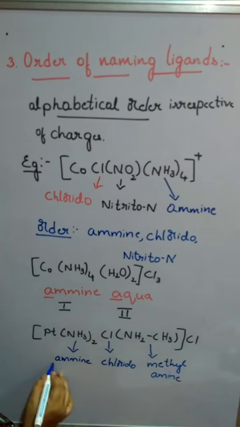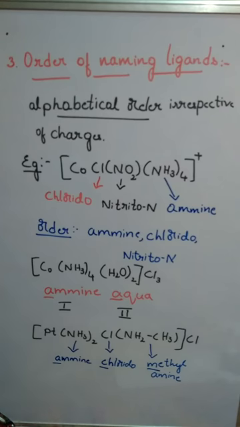So these are in alphabetical order only: ammine first, then chlorido, then methylamine. So this is about the order of naming the ligands. The names of the ligands have to be recalled, and according to the alphabetical order they have to be arranged.